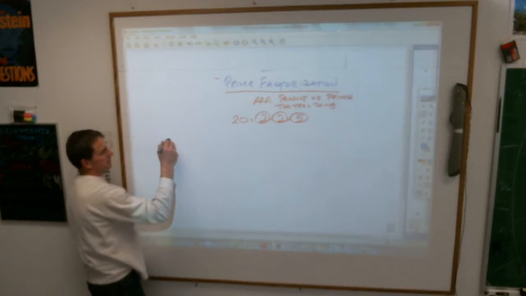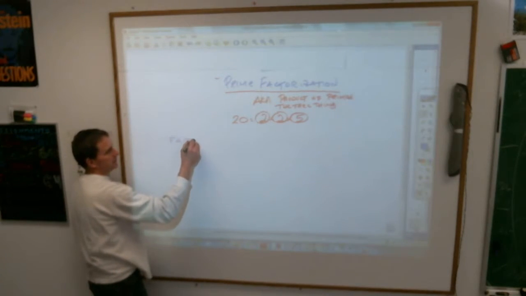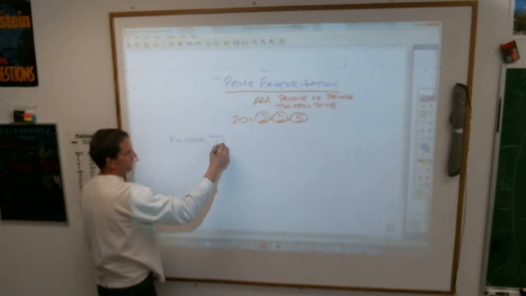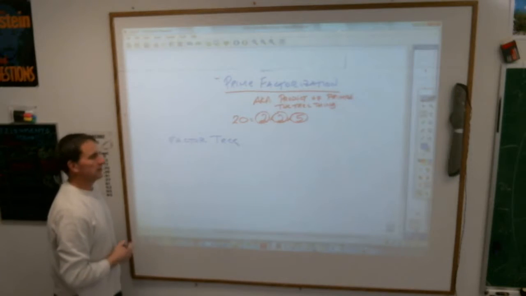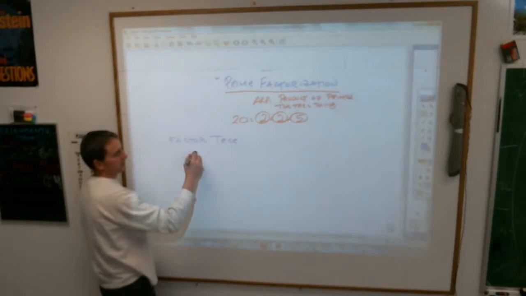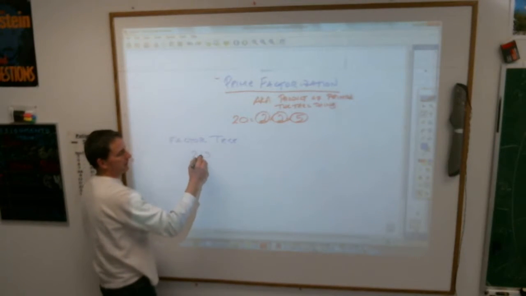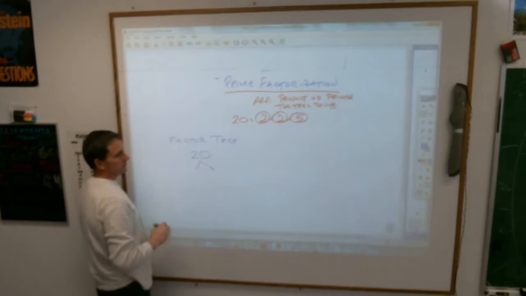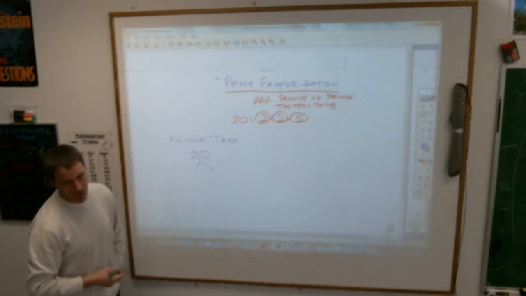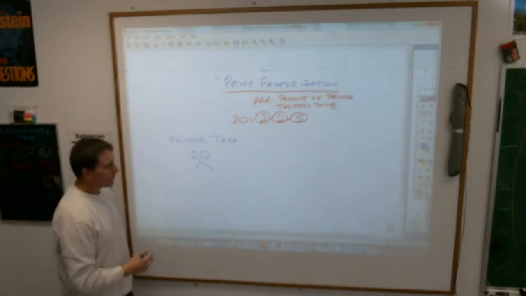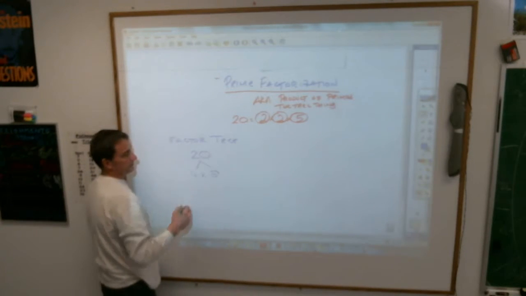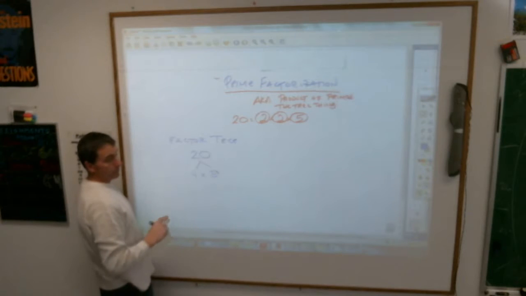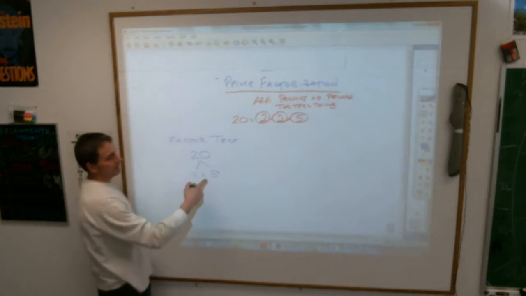One way to do it is to make a factor tree. I call it a factor tree because when you do it, it looks like a tree. If you take 20, you split it into two factors. What times what gives me 20? Well, 4 times 5 is what most people say. Are either of those prime? Yeah, 5 is a prime number.